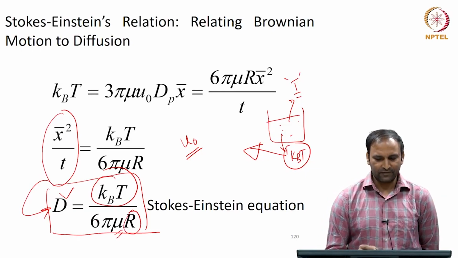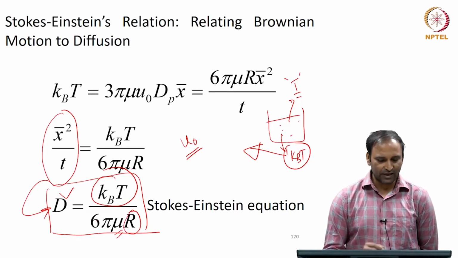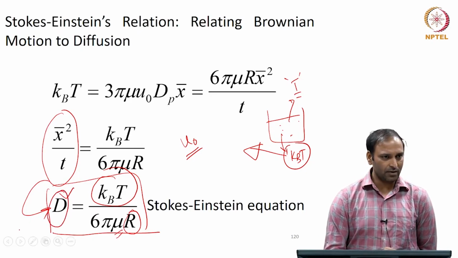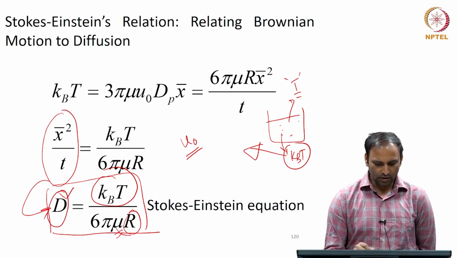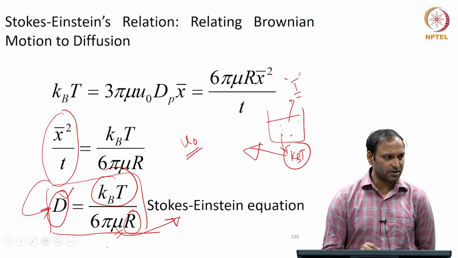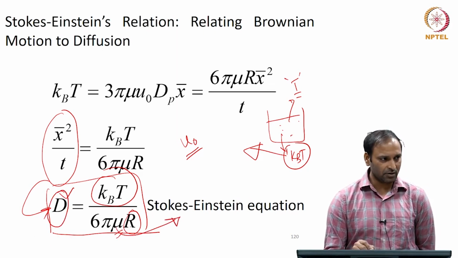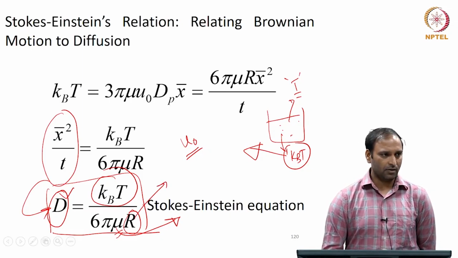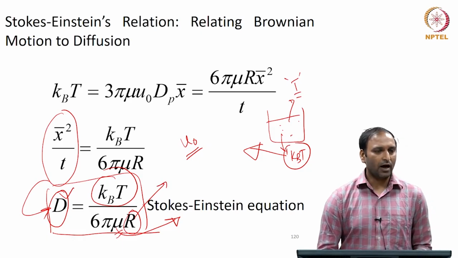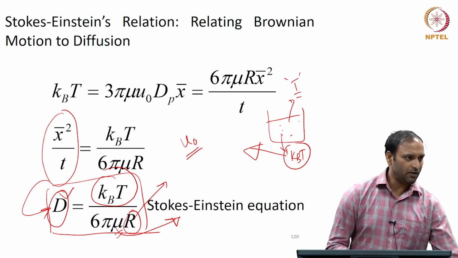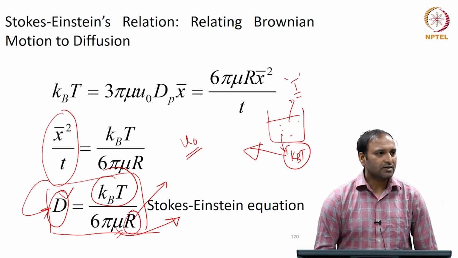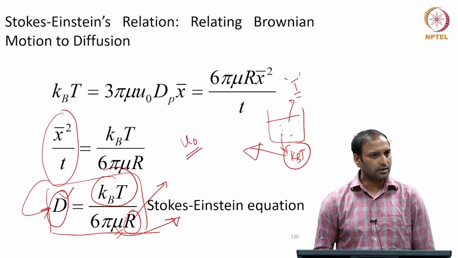Therefore, if I have done an experiment where I have studied the Brownian motion, and I am able to calculate the diffusivity, and I know the viscosity of the fluid in which the particles are dispersed, I can use this expression and measure the size of the particle.